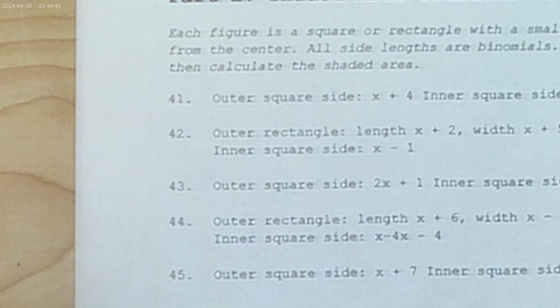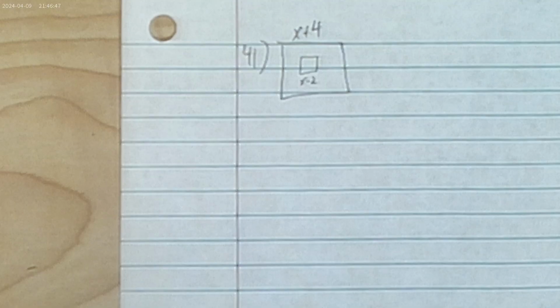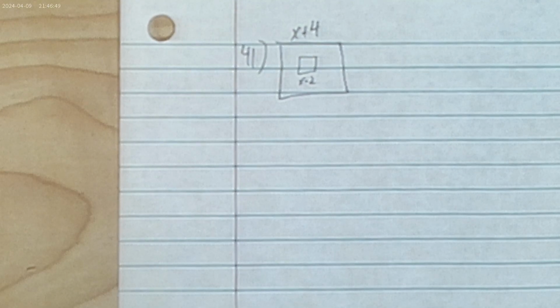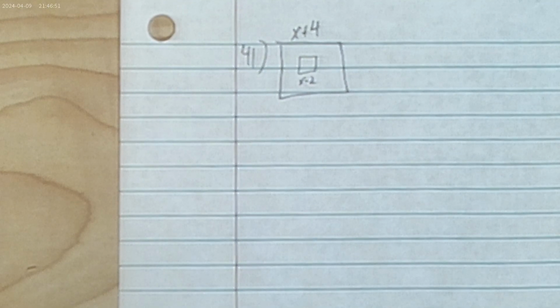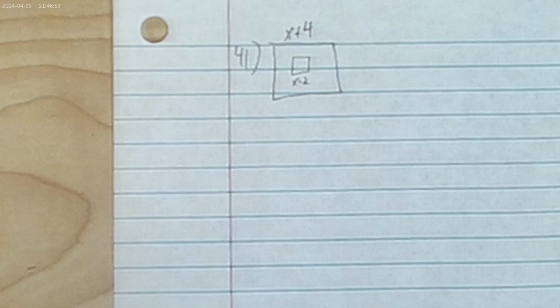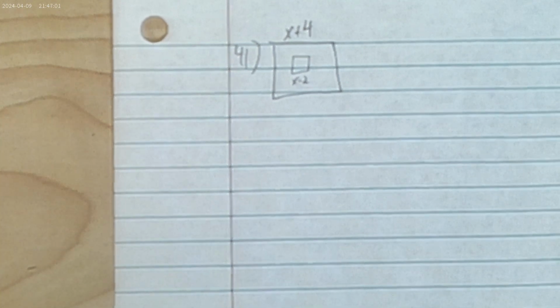All right, move this over here. Let's see. All sides of binomials, find the value of x, then calculate the shaded area. Yeah, we're just going to find the value of the shaded area.